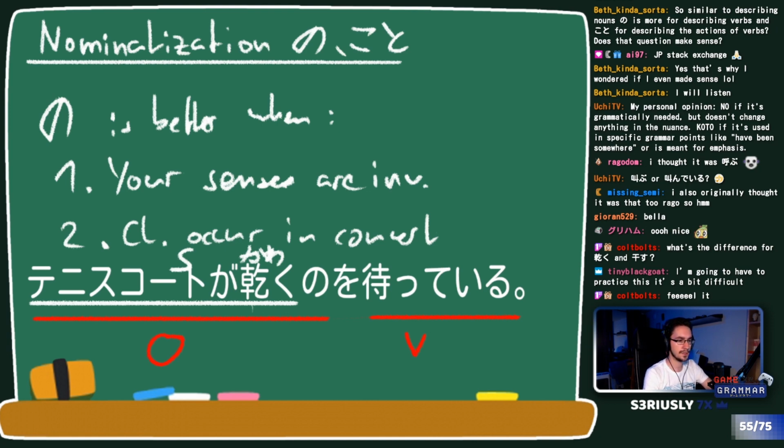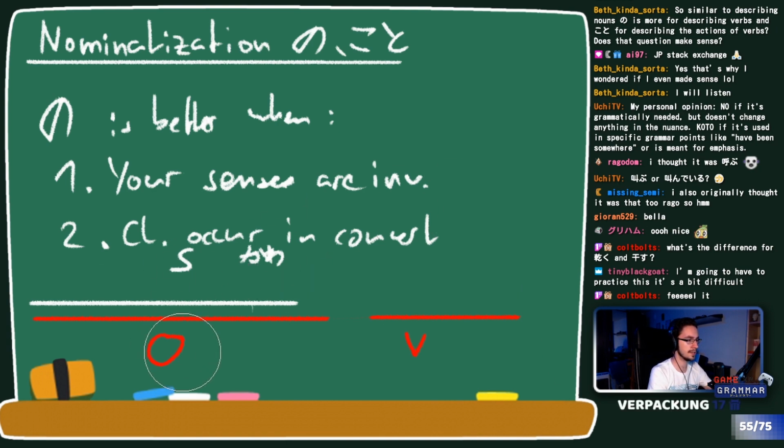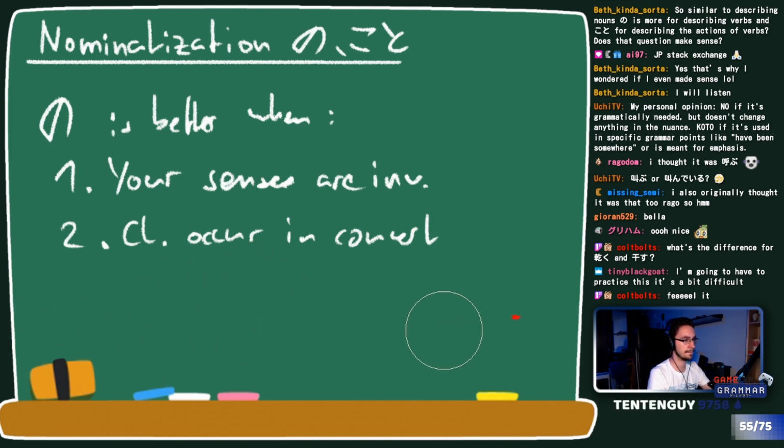And then the last one is a bit simpler because it relies mostly on a specific verb. In this case, we're going to look at when tomeru or yameru is used. Let me do that in a way where I don't ruin the rest. Alright, number 3.